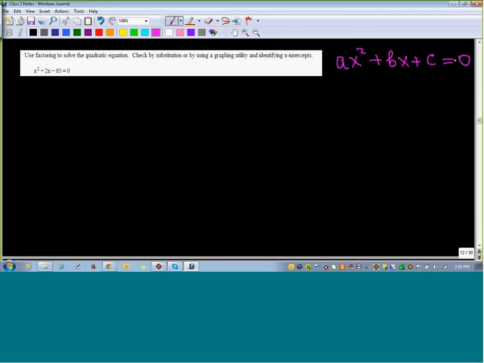So 9 and 7, the first ones that would come to your head, because 9 times 7 is 63. But if you don't remember, again, grab a calculator and start dividing. 1, 3, and so on, and then you know it's not divisible, right? So 7 and negative 9, or 9 and negative 7. And you can see which combination gives us negative 2. We did this in the previous class, didn't we?